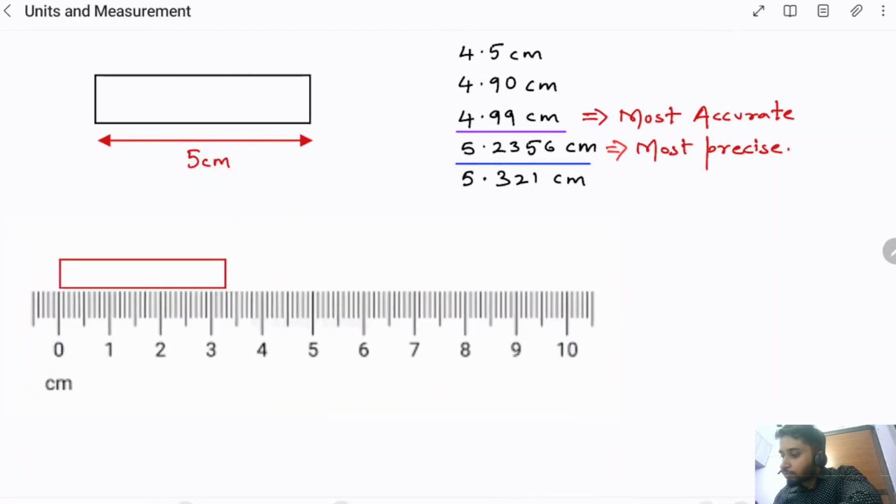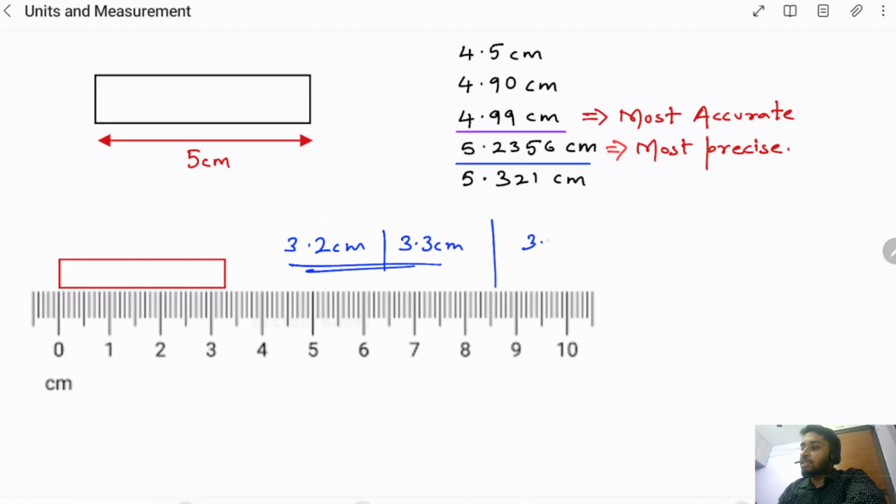You can see that if you are taking a measurement from this centimeter scale, someone can write this measurement as 3.2 centimeter, or someone can write it as 3.3 centimeter.